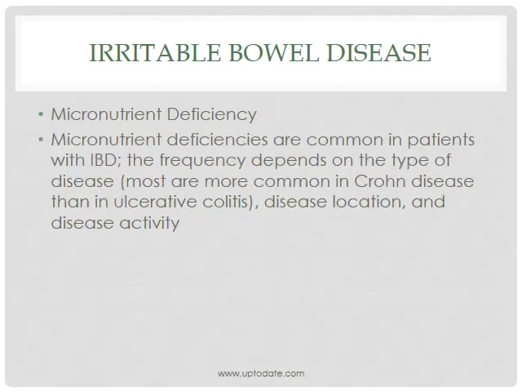Micronutrient deficiencies are common in patients with irritable bowel disease. The frequency depends on the type of disease. Most are more common in Crohn's disease than in ulcerative colitis, disease location, and disease activity.